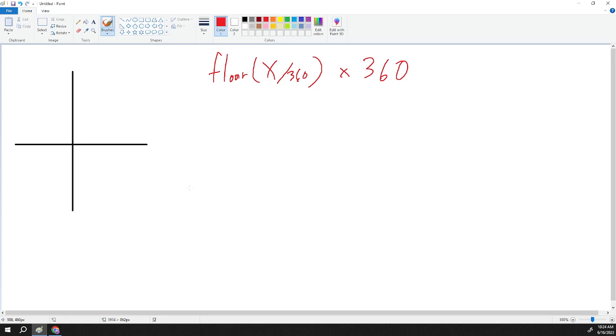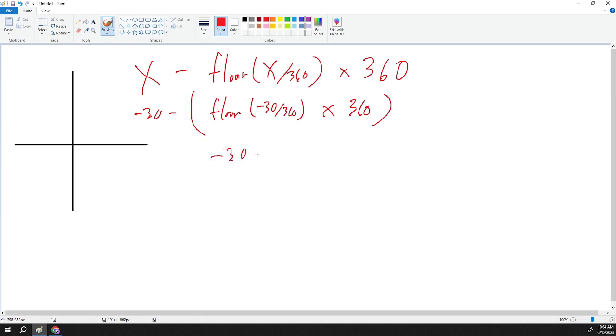Now, finally, we subtract this expression from the angle, and this is our answer. Why? Let's say negative 30. Negative 30 minus the floor of negative 30 over 360. That would have been negative 1, right?